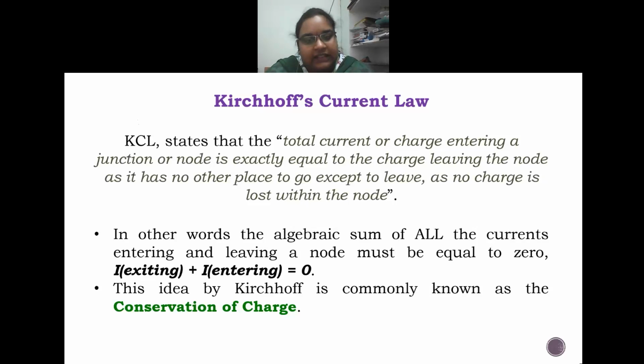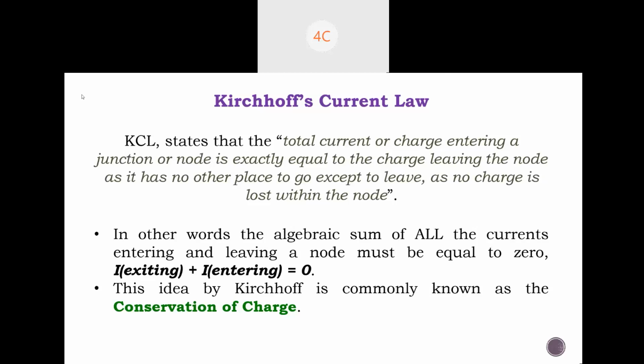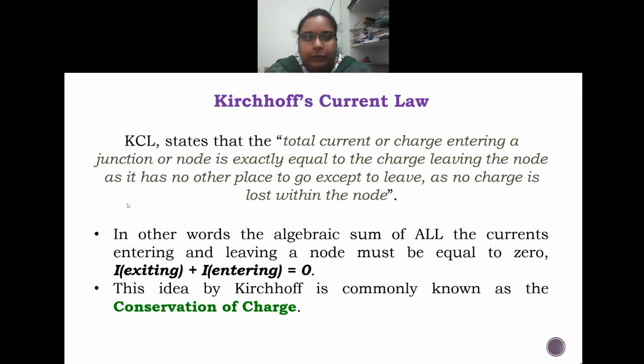In other words, the algebraic sum of all the currents entering and leaving a node must be equal to 0. That is, I entering will be equal to I exiting, that is, I entering plus I exiting equal to 0.